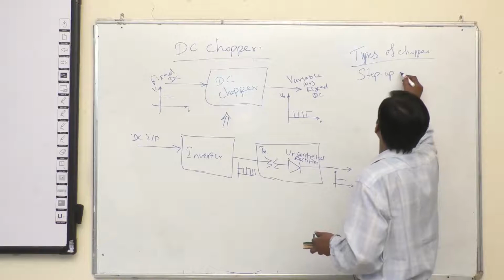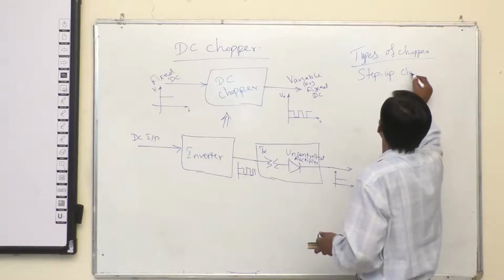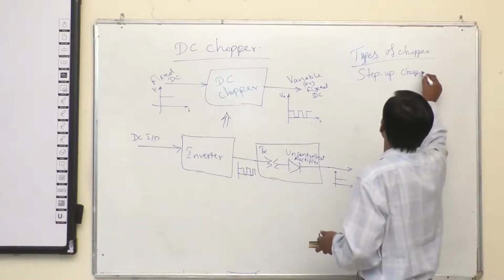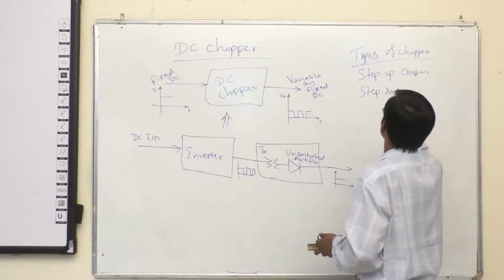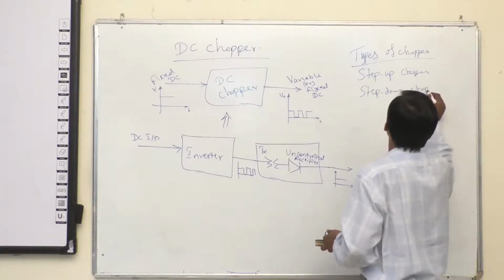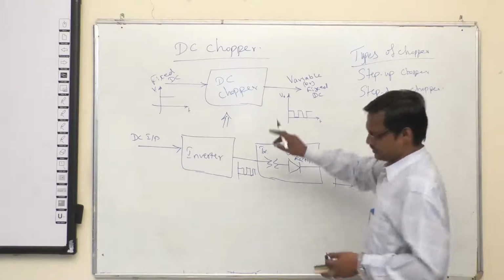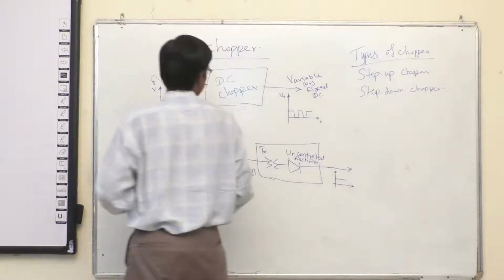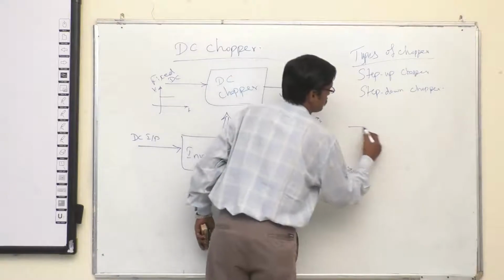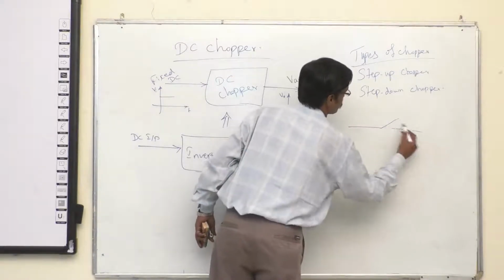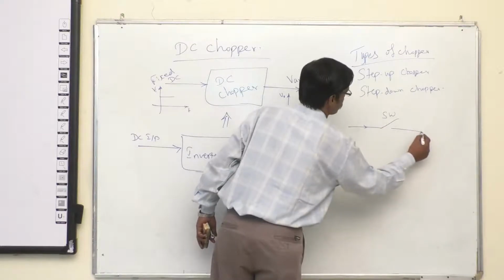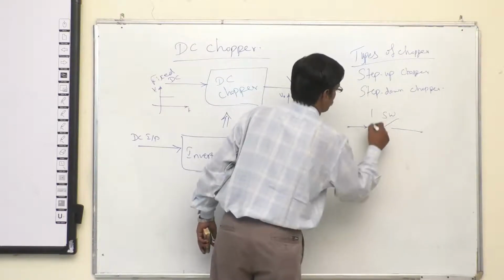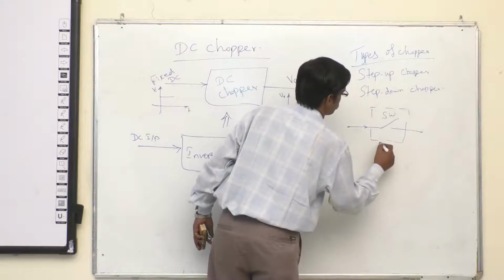One is step-up chopper, another one is step-down chopper. So this DC chopper is simply represented by a simple switch. The switch which represents a chopper circuit.